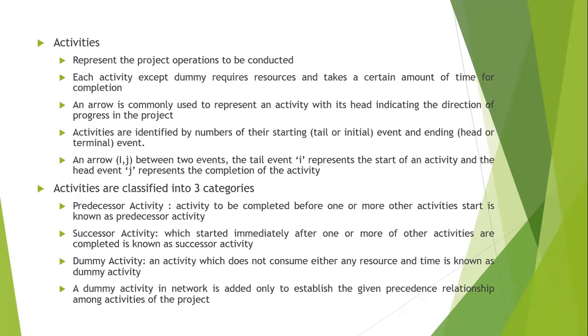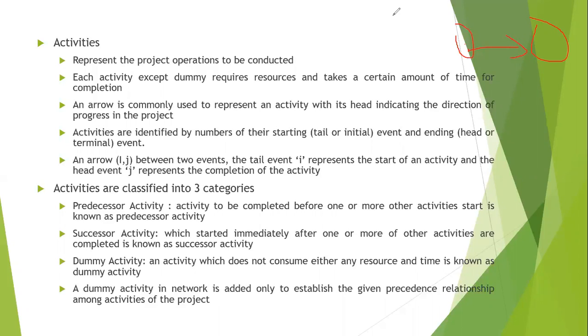So generally it would be this way, like this, you're going to represent. So this is the tail and this is the head part. Tail part means the event has started and head part means the event has ended. So when you draw two nodes this way, it means an event has started from here and an event has ended here, and this is the activity which is being performed.